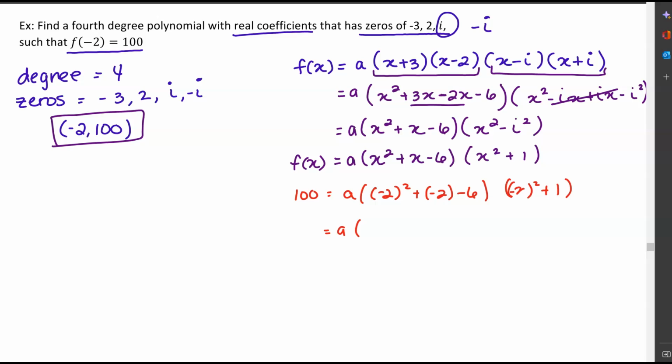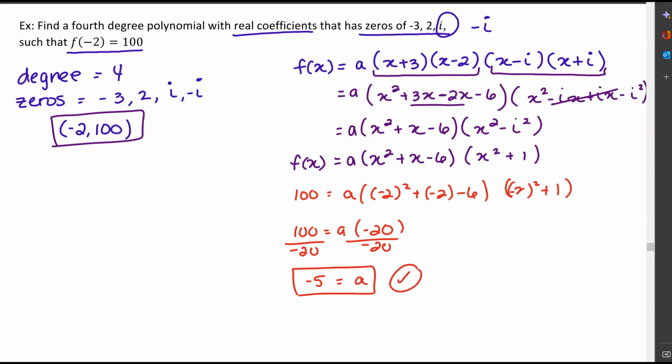So -2 squared plus -2 minus 6 times -2 squared plus 1, this gives us a -20 over 100. And so we're going to divide by -20, divide by -20. So we're left with a equals -5.